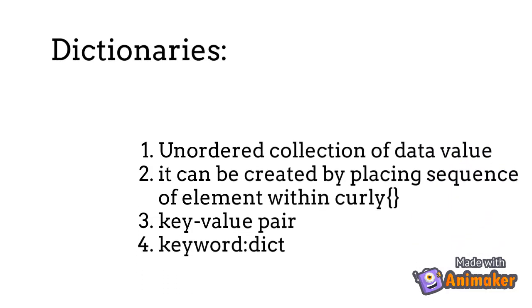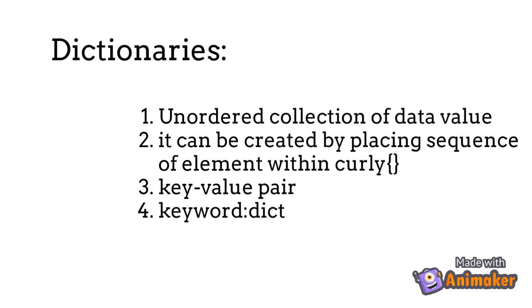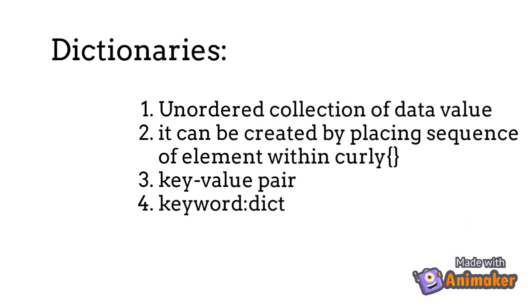Dictionaries. Dictionary is one of the interesting data types. It is an unordered collection of data values. That means the values present in a dictionary can be anywhere, any part of the memory system. That is, it is unordered. Dictionaries cannot be accessed via indexing. It has key value pairs.